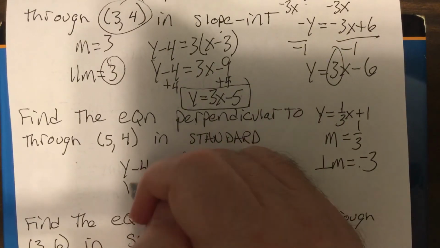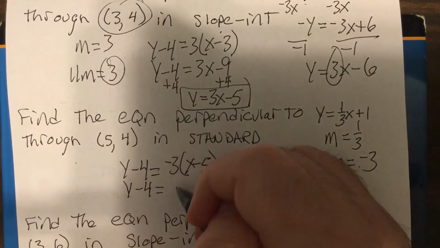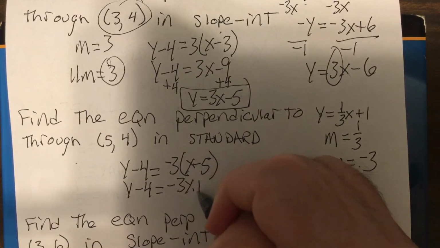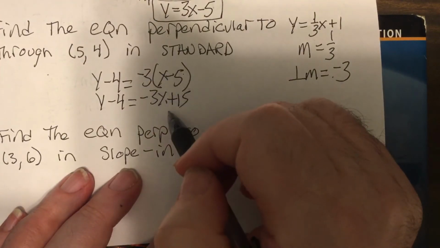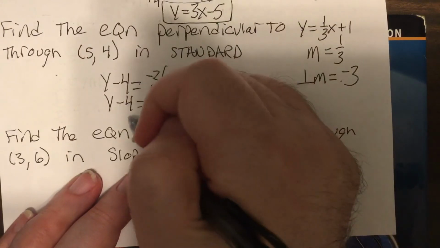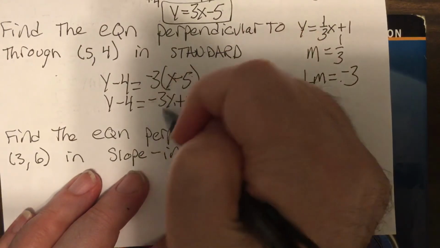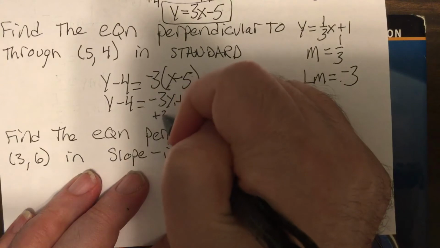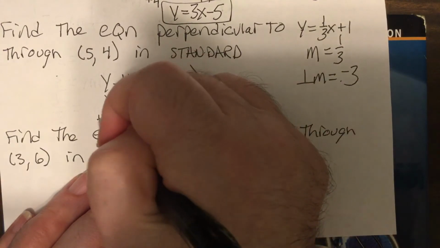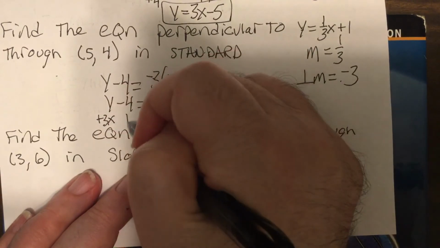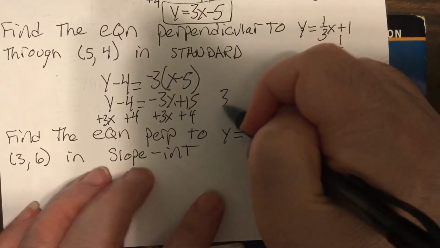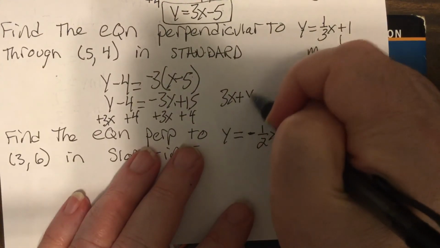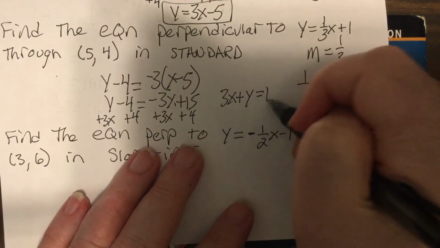So y minus 4 equals negative 3x plus 15. Negative 3 times negative 5 is positive 15. So then for standard form, I'm going to add 3x and add 4. So I get 3x plus y equals 19.